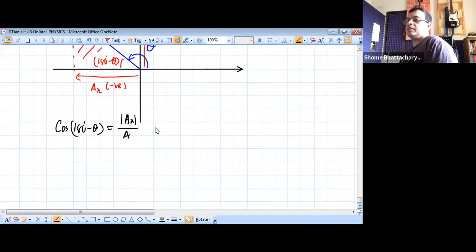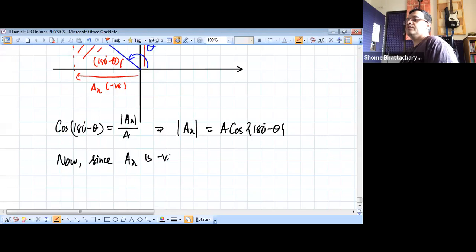So that is telling me that ax or mod of ax is how much? E cos of 180 minus theta. Now since ax is negative, therefore we can say ax itself is negative of its mod. Okay. Whenever a quantity is negative, it's minus times its magnitude. So that means ax is minus of e cos 180 minus theta.